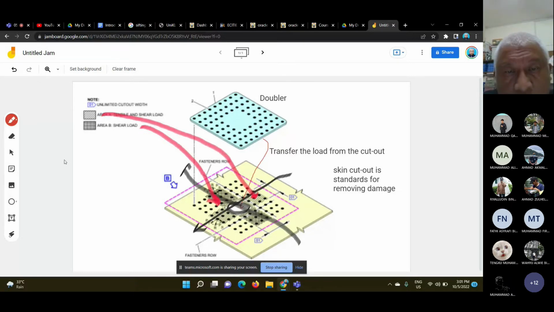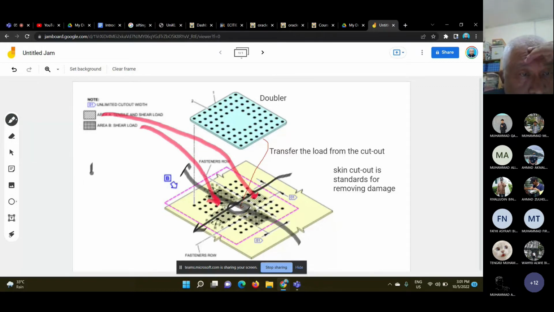Okay, don't get confused, just leave it there. What you need to think is, when you cut this out, this area no longer carries any load because the skin is not there. Remember, load is a simple equation.